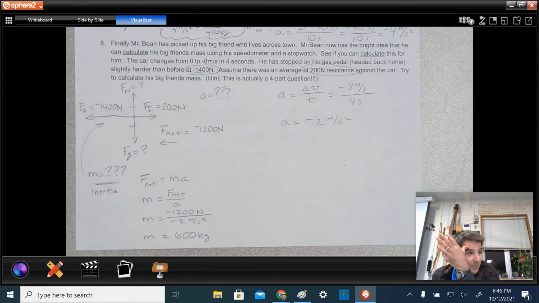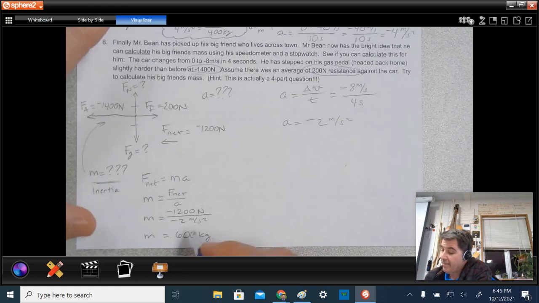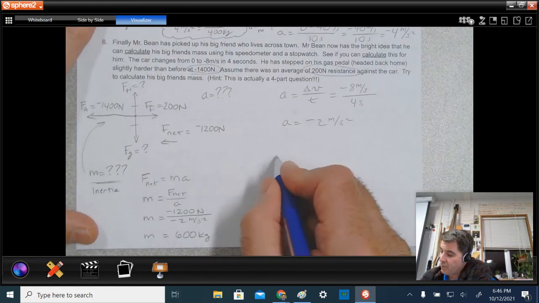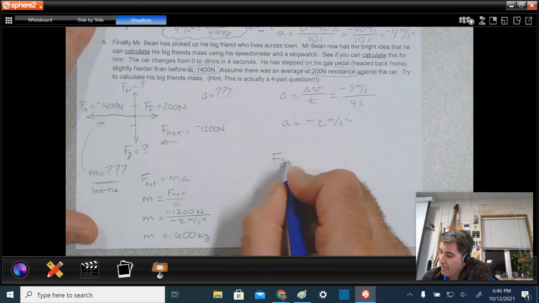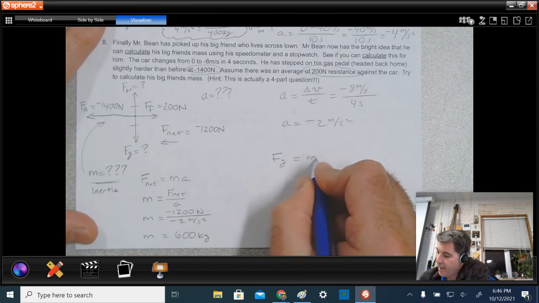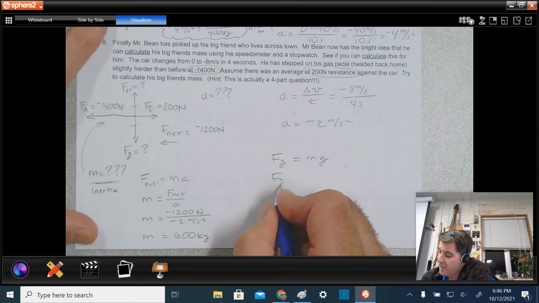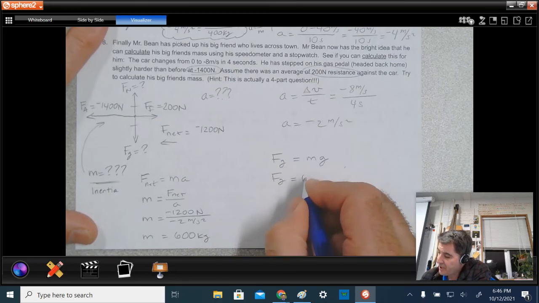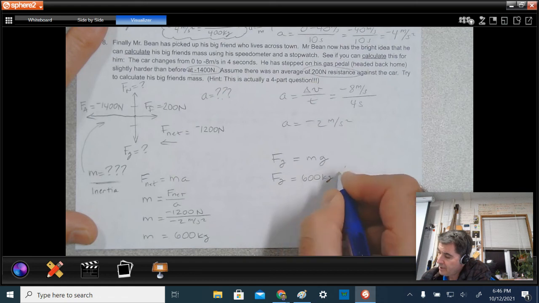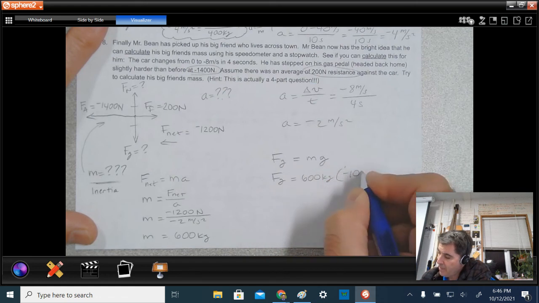So what is the weight of the car? I can say, okay, the mass of the car is 600 kilograms, but that doesn't go there. So what is Fg? Fg is equal to mass times gravity, or Fg equals mg. And so Fg is equal to 600 kilograms times negative 10 newtons per kilogram.